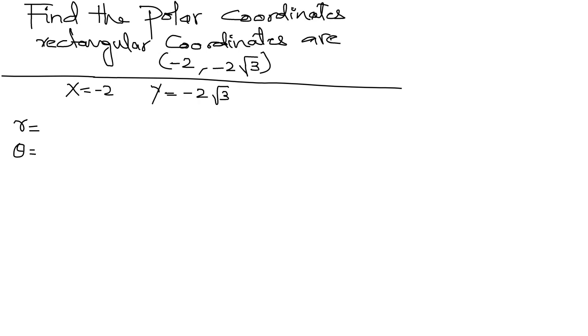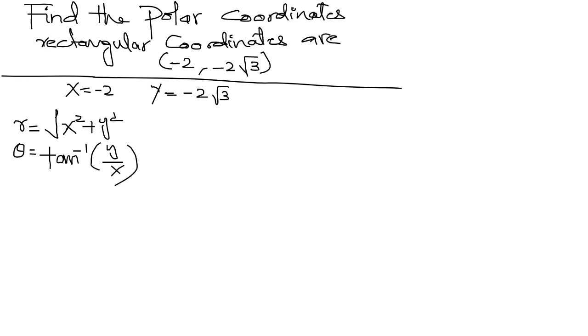So we have the formula: r is the square root of x square plus y square, and theta is tan inverse of y by x.